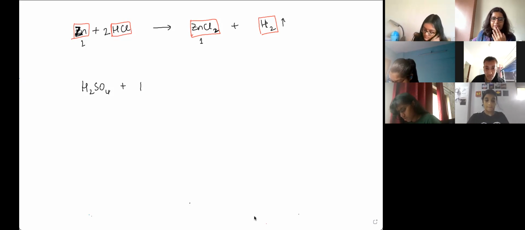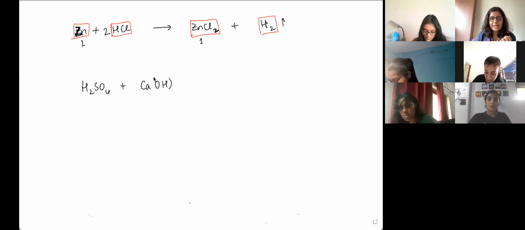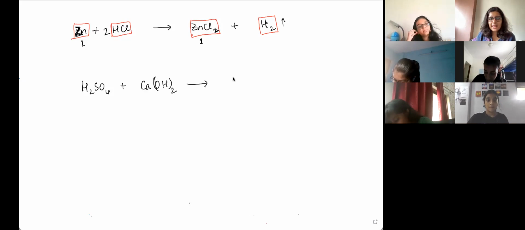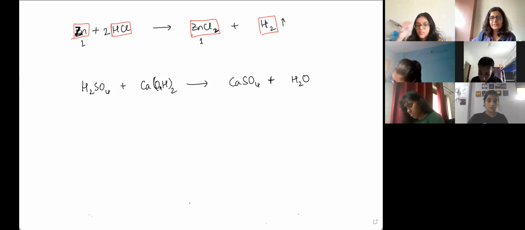Calcium hydroxide is a good one, Ca(OH)2. Gives calcium sulfate, CaSO4, plus water, H2O. So here there's a little twist, that OH twice is in brackets.